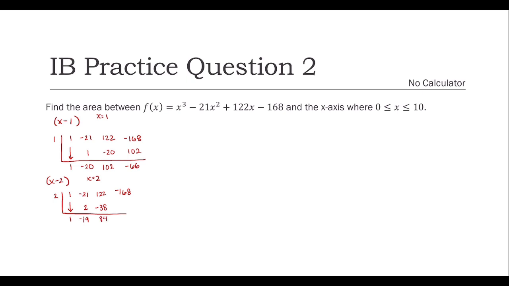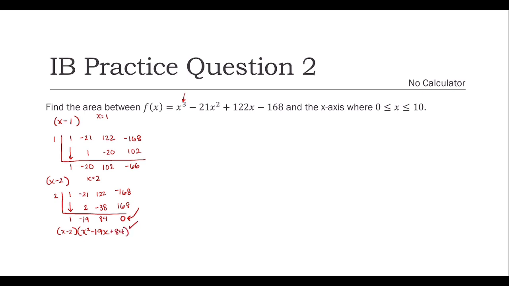And 84 times 2 is 168, which gives us 0. And since the remainder is 0, that means that x minus 2 is a factor. So it would be x minus 2 times, we had a third degree, so we'll go down to second degree, x squared minus 19x plus 84.